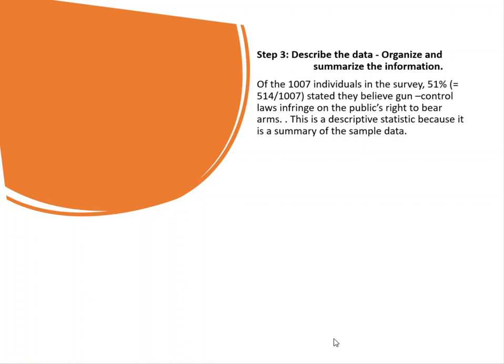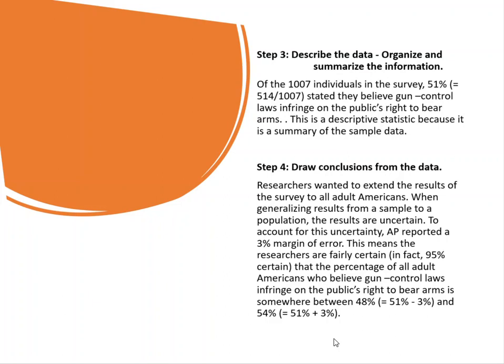And then finally, what can I do with that 51%? This is where we draw some sort of conclusion about the data. If I only surveyed 1,007 people out of the entire population of Americans, I need to be able to say with some degree of certainty that not only do these 514, or 51% of the people surveyed, believe this, but I now want to say that some percentage of the American population believes it the same way.